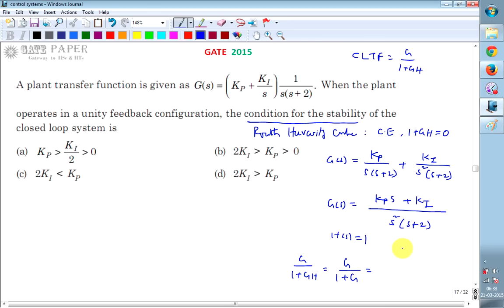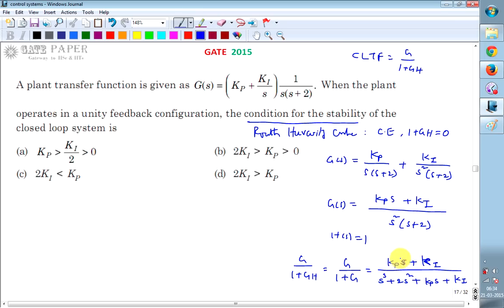Then, after simplification, you get (Kp s + Ki) divided by s cube + 2s square + Kp s + Ki.